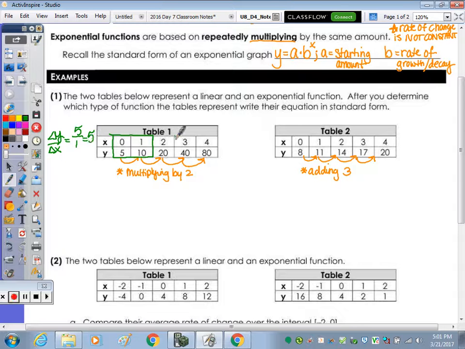But looking at the last 2 points, change of y over change of x, we have an increase of 40 to 1. So your rate of change is not constant. And since we're multiplying by 2, this is an exponential function.